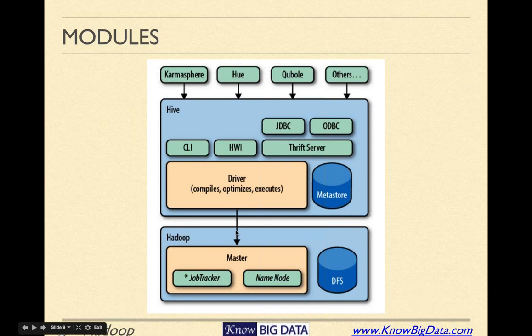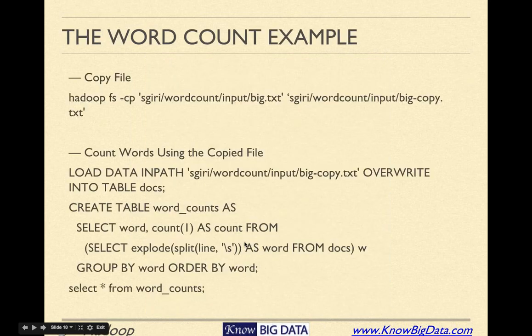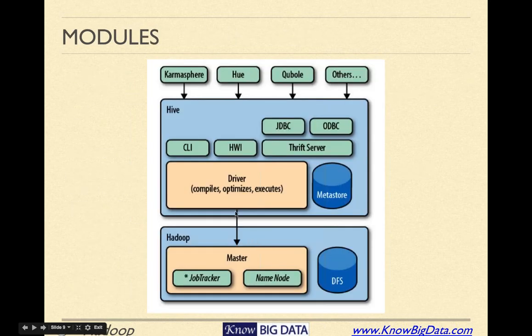So the bottom part says there is Hadoop, there is Yarn, and there is HDFS. Every query you do in Hive gets compiled by the driver, and MapReduces are executed on Hadoop. This driver converts every query into MapReduces with the help of the metastore.